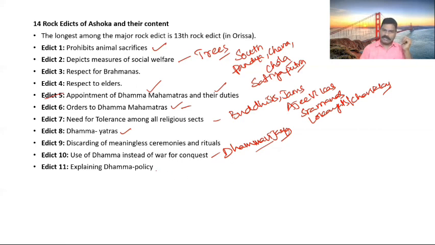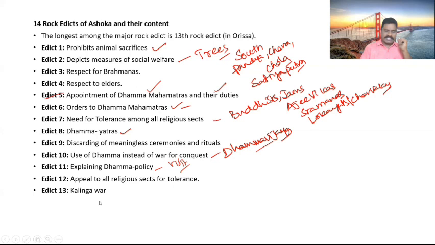Ashoka visited the Bodhi tree and also constructed a gold throne under the Bodhi tree where Buddha was enlightened. 12th Major Rock Edict of Ashoka speaks about an appeal to all religious sects for tolerance. 13th Major Rock Edict speaks about the Battle of Kalinga.